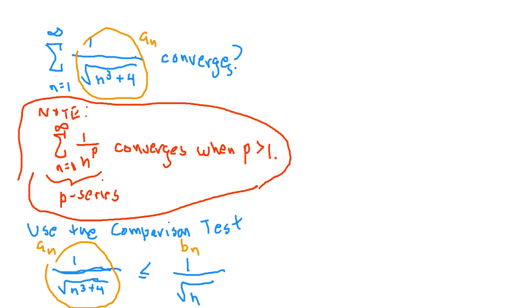Good, Yonatan. n cubed. So by the comparison test, that will equal 1 over n cubed raised to the half power, and that's going to equal 1 over n to the 3/2 power.